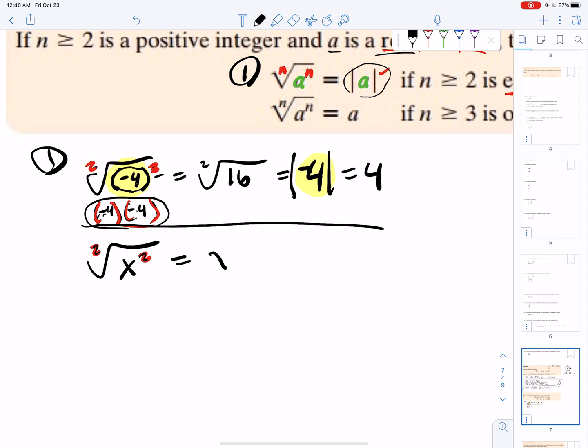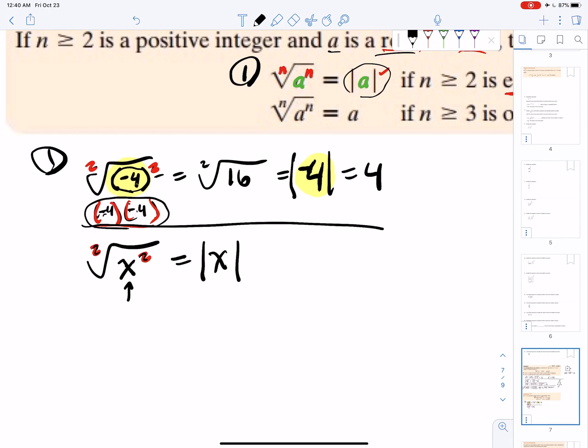The x comes out, but we have to take the absolute value of it, because if x is negative, this would end up being positive because 2 negatives are multiplied. If it's positive, it's going to be positive as well. So we have to be careful whenever we simplify square roots, fourth roots, and other even root indexes when there's a variable that we don't know is positive or negative. That's a tricky little piece.